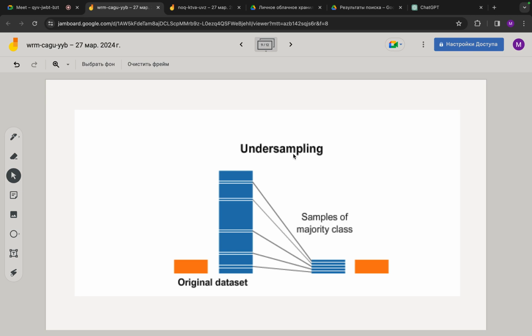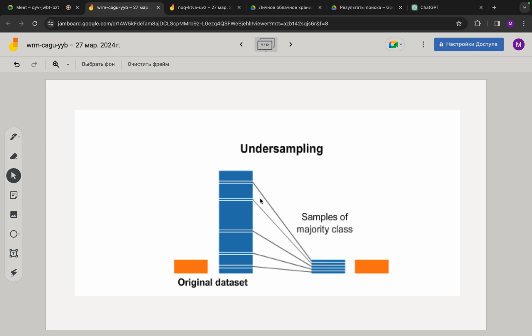The next method is undersampling. Here we are reducing our majority class proportion. We are randomly removing samples of the majority class until a ratio is reached.